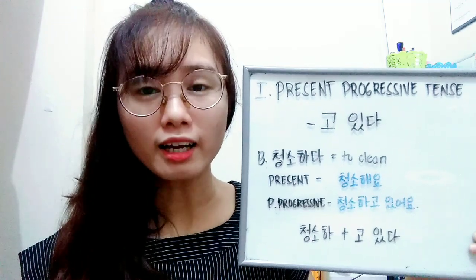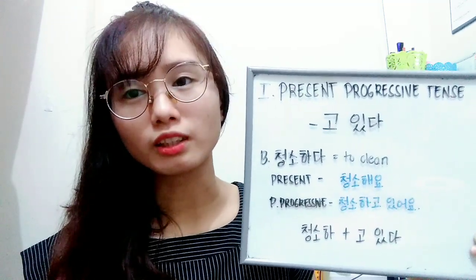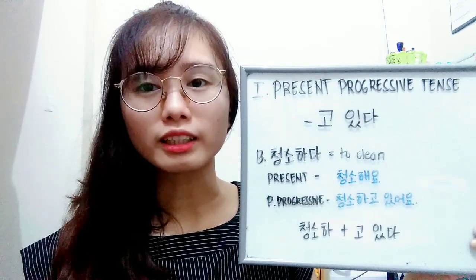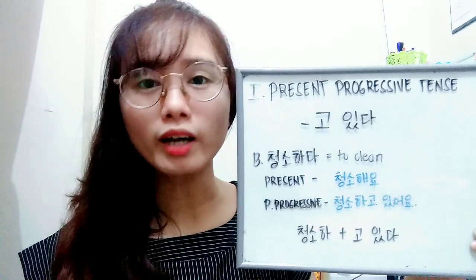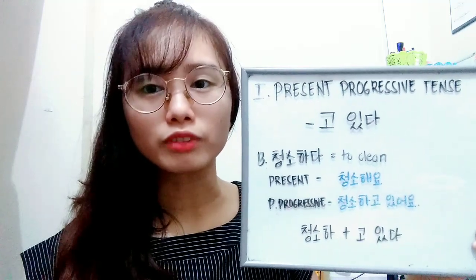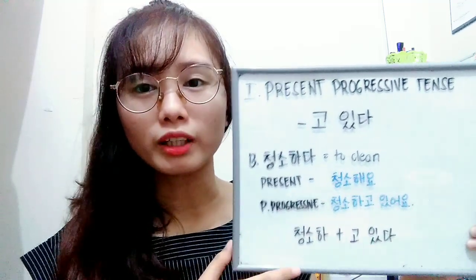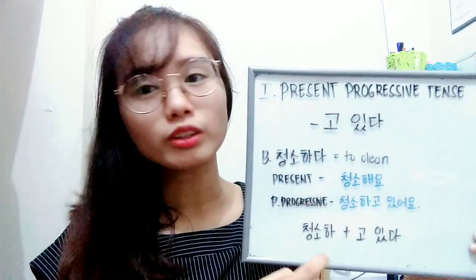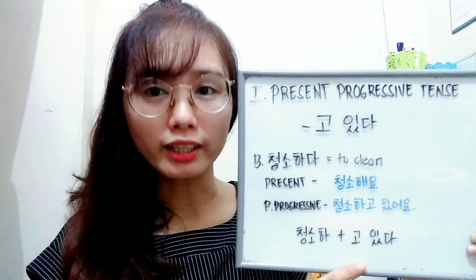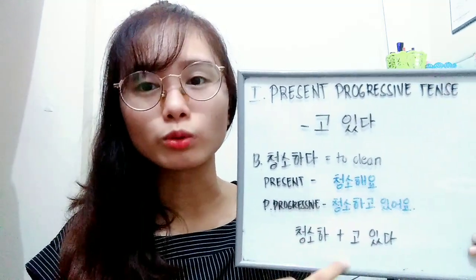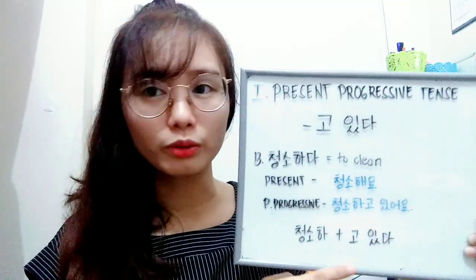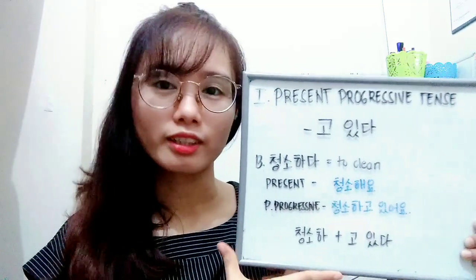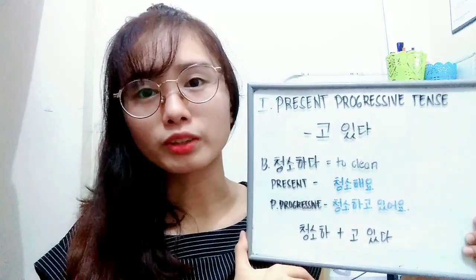So, 청소하. So, notice that we did not change the hada form to heyo. Instead, tinanggal lang natin yung ta dun sa 청소하다. And then, it left us with 청소하 plus ko 있어요. Plus ko itta. So, you now have the present progressive of 청소하다, which is 청소하고 있다. Cleaning. ing form. Right? So, that's for the present progressive tense.